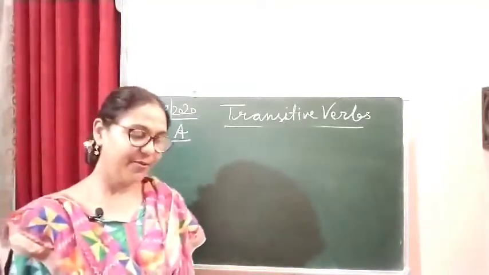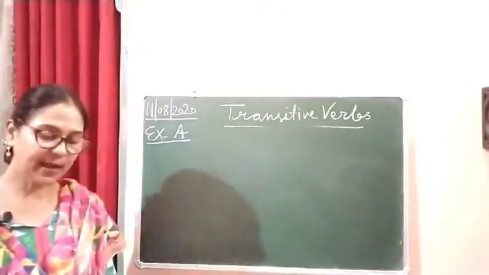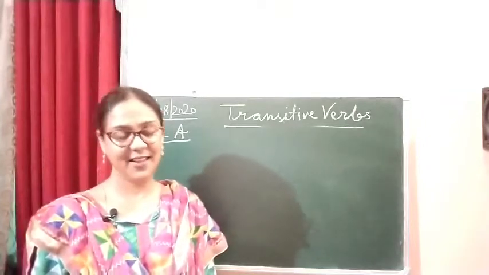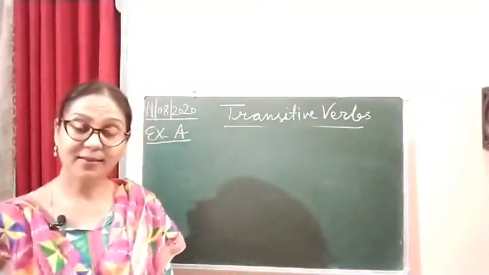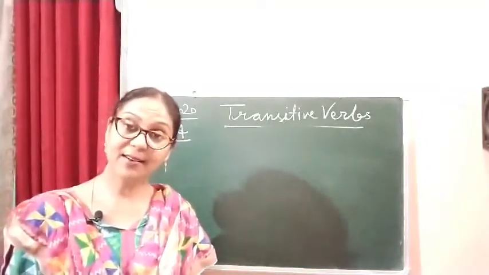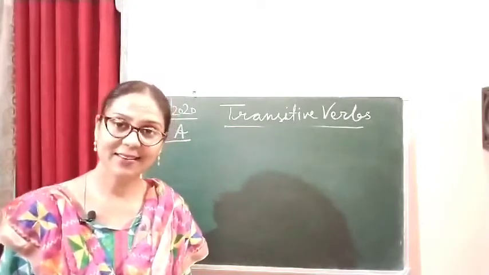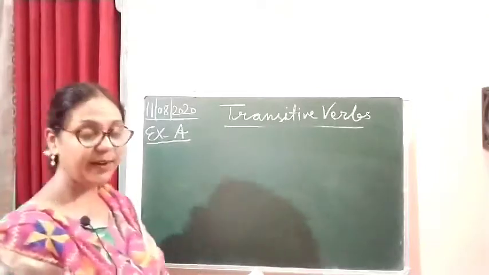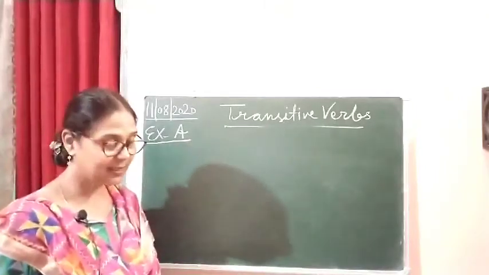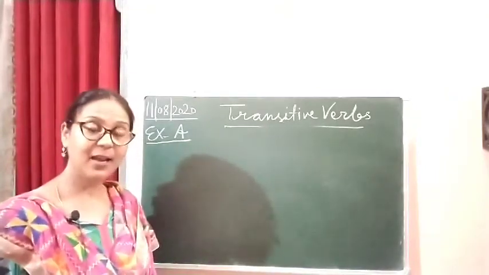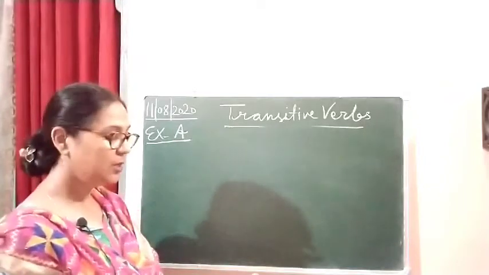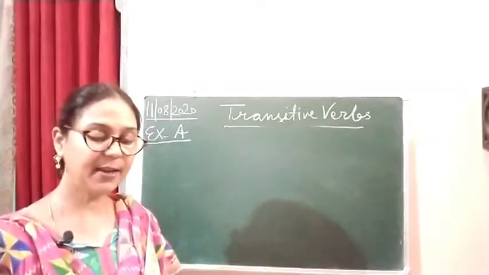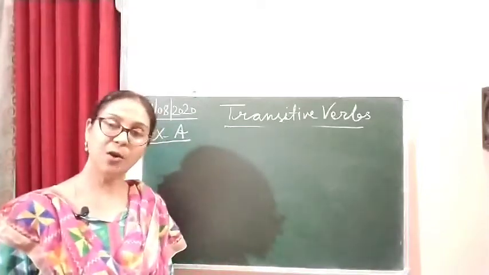Now, first is: Nalin paid some money to the newspaper vendor. Who paid money? Nalin. Nalin is the subject over here and paid is the verb. So we have to underline the transitive verbs and circle the direct and indirect object.